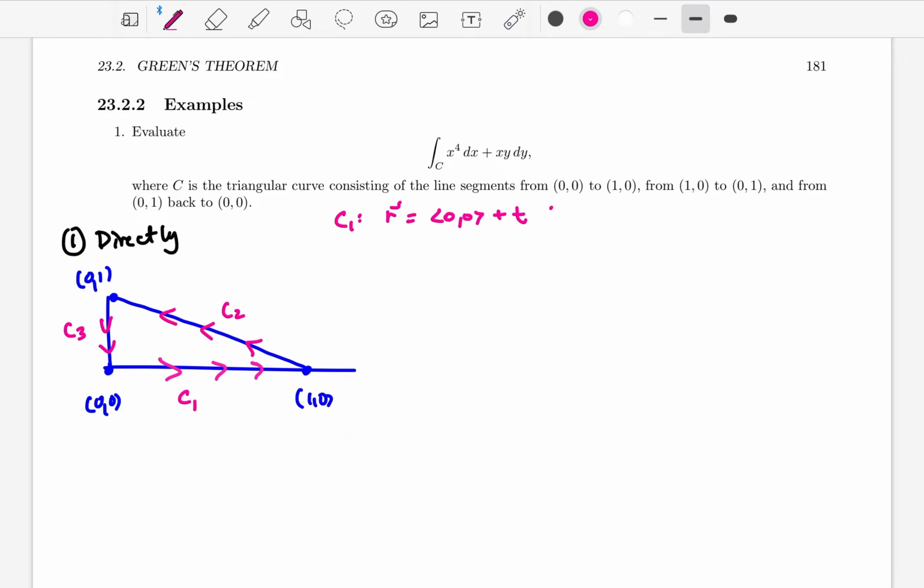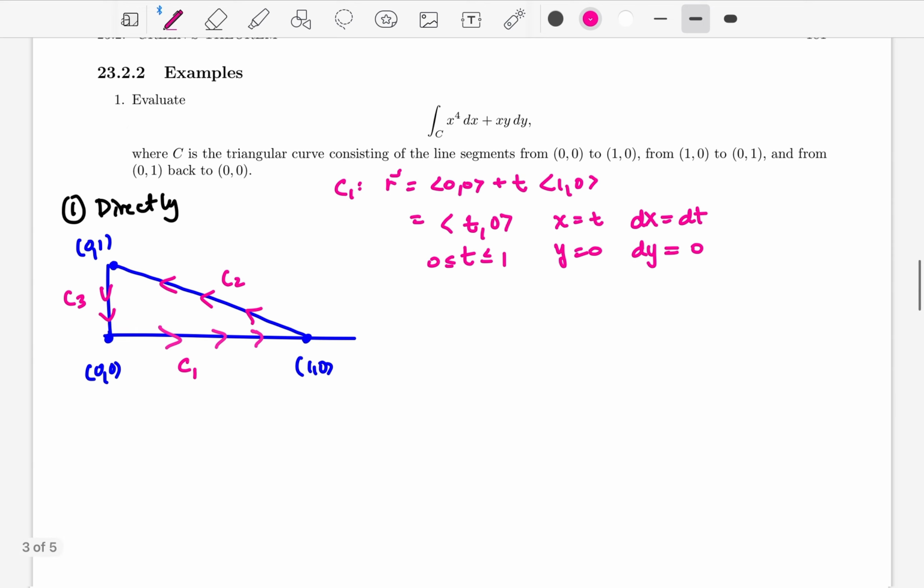So I get 1, 0. That means that r is equal to t, 0, and t is always between 0 and 1. That means that x is equal to t, therefore dx is equal to dt, and y is equal to 0, so dy is equal to 0, right?